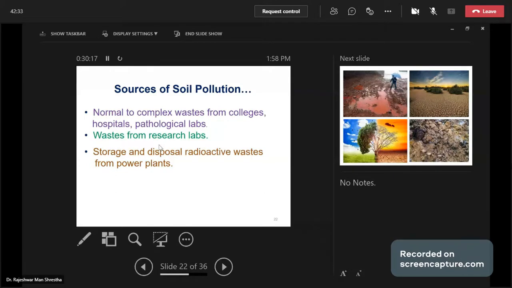Nowadays there are many hospitals, many pathology labs, many colleges, so a large amount of wastage will be released directly into nearby places. Wastage from research labs also comes.